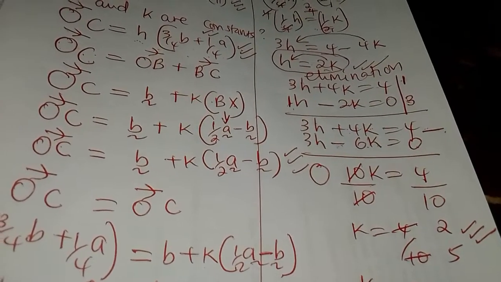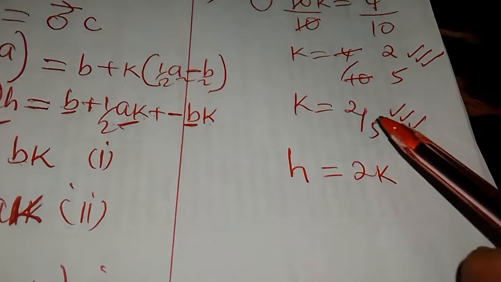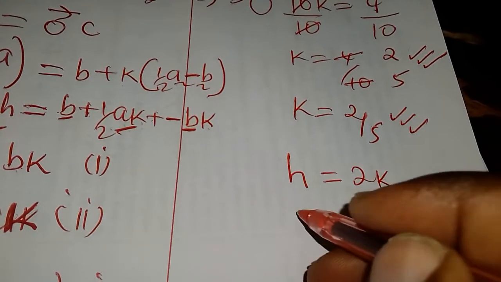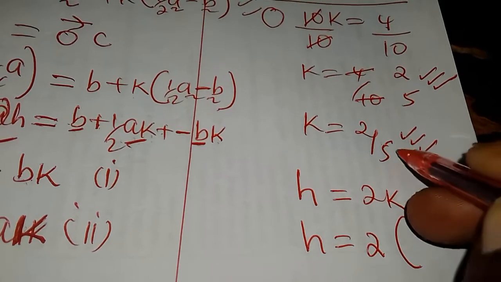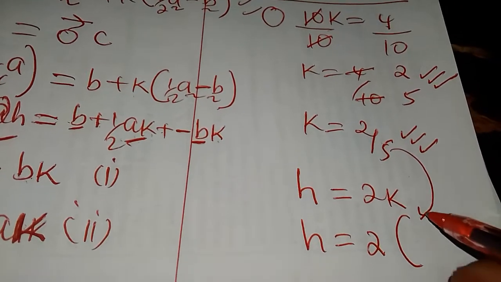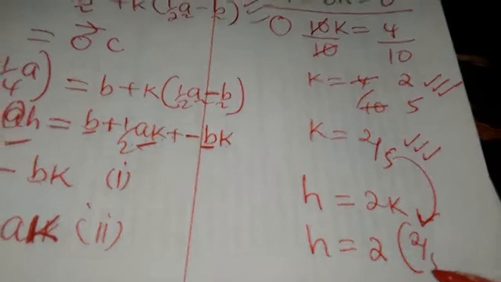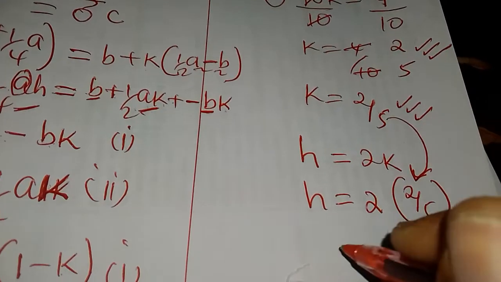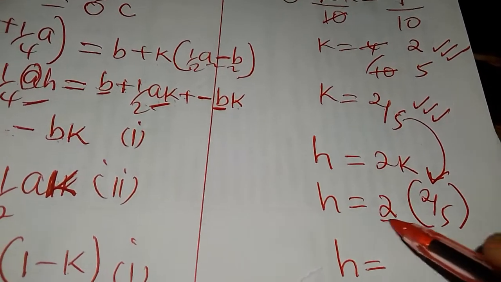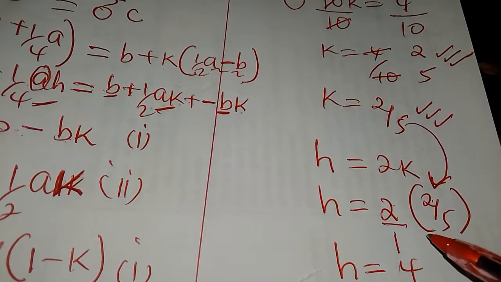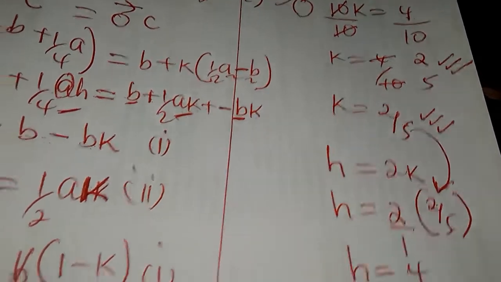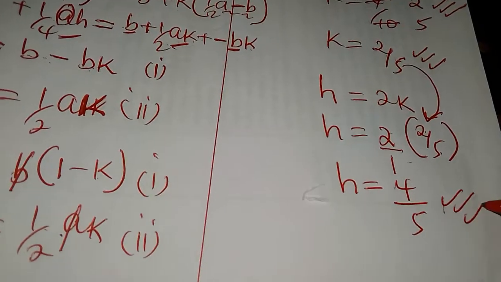So h is equals to 2k, but now our k is 2 over 5. So I'm going to say h is equals to 2 into the value of k. The value of k is 2 over 5. Close the brackets. So h is equals to 2, this is the same as over 1. 2 times 2, that is 4. Then 1 times 5, that is 5. So that becomes the value of h.